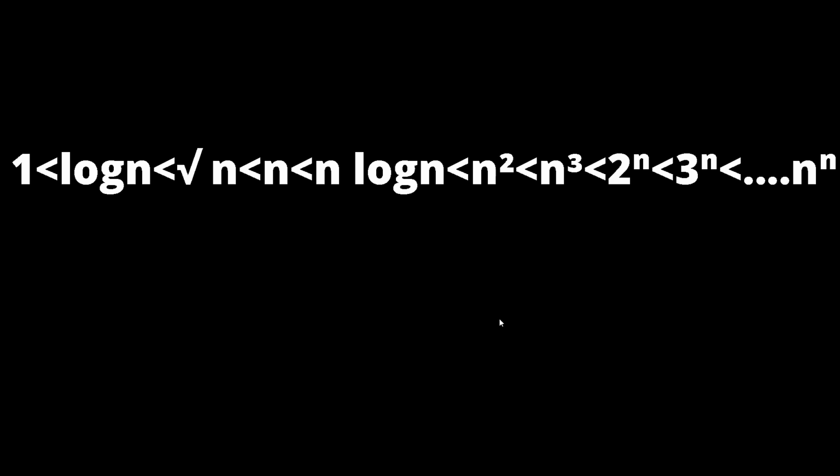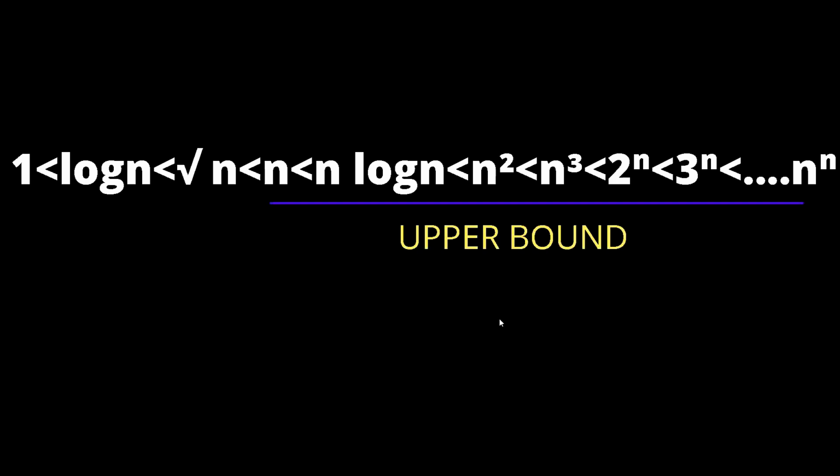Okay, now in these time complexities, the value we got previously is big O of n. Whatever is present after n is considered as upper bound. I've told you before that big O notation is an upper bound notation, right? So whatever is present after this particular value n is upper bound.